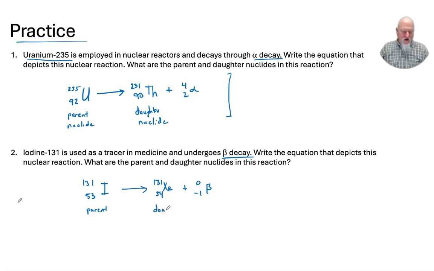I do not know if that's stable or not, but that xenon-131 is the daughter nuclide. So that would be our equation for the nuclear reaction when iodine-131 radioactively decays through a beta process. Okay, so if you've got questions on this, feel free to contact me.